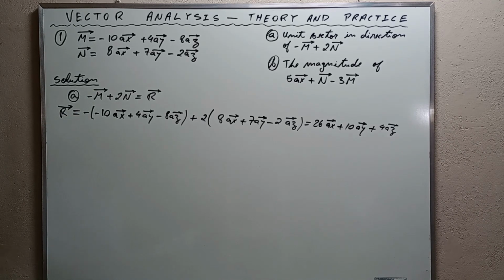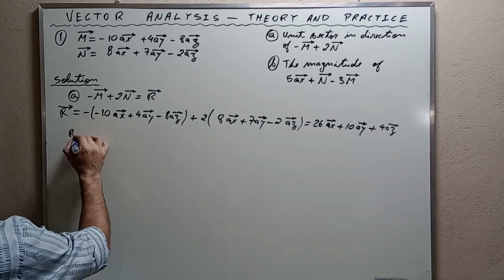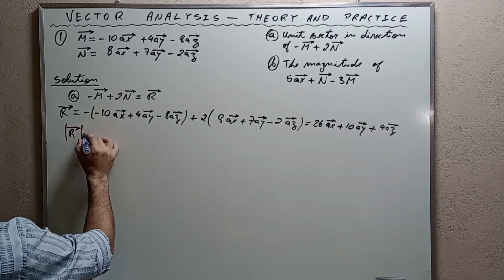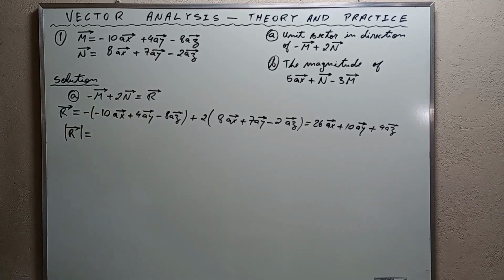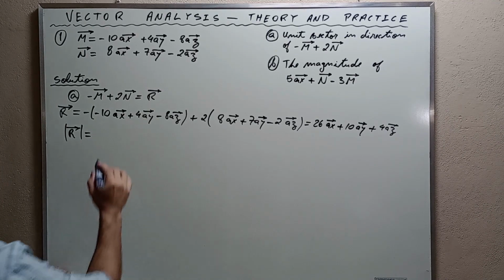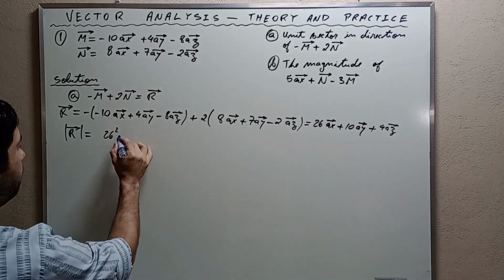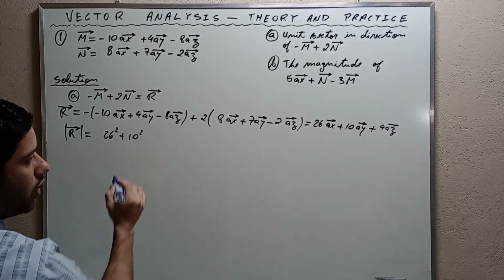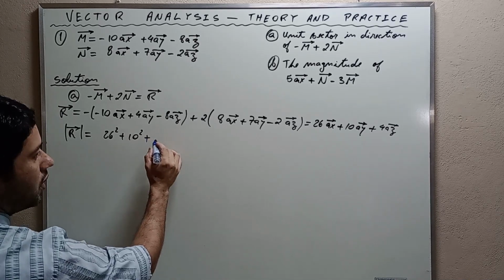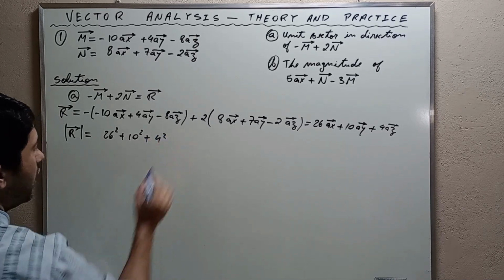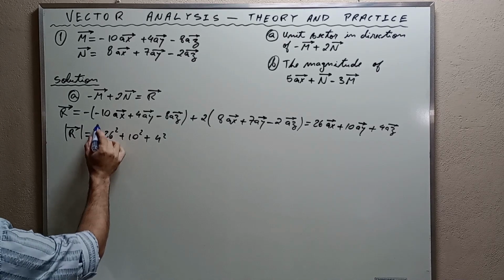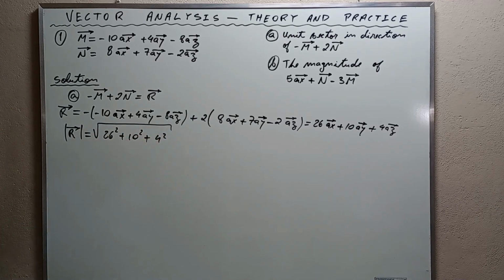And now what we do is simply compute the magnitude. We compute now the magnitude of r. The magnitude of r is going to be 26 squared plus 10 squared plus 4 squared and the square root of it all.